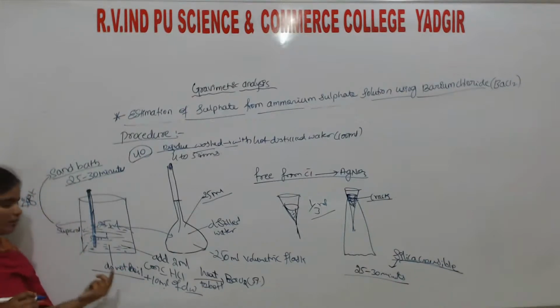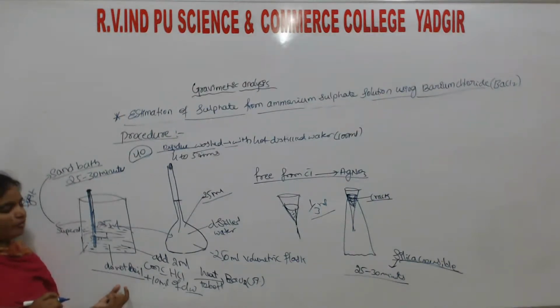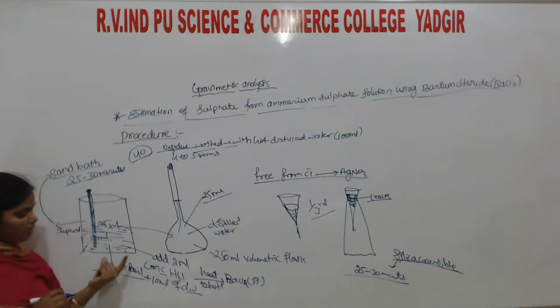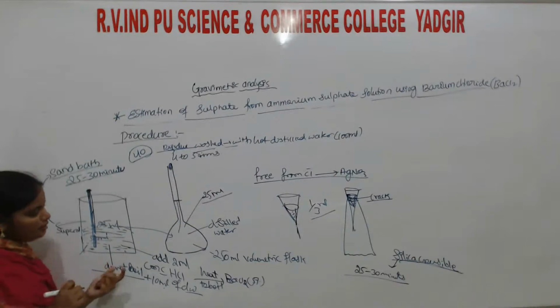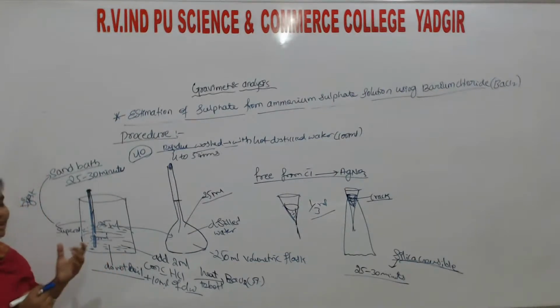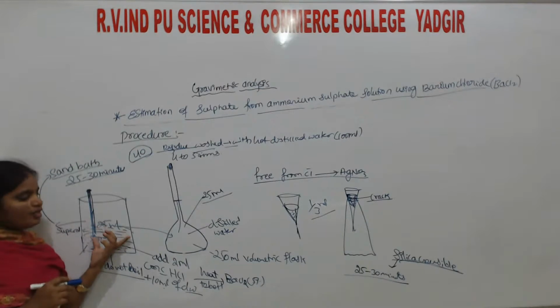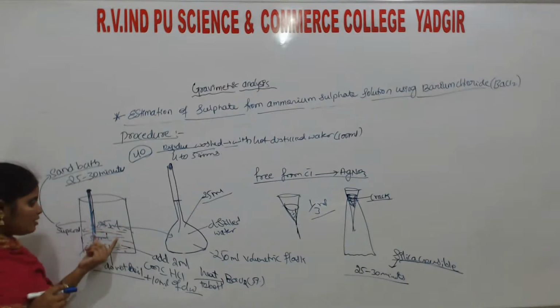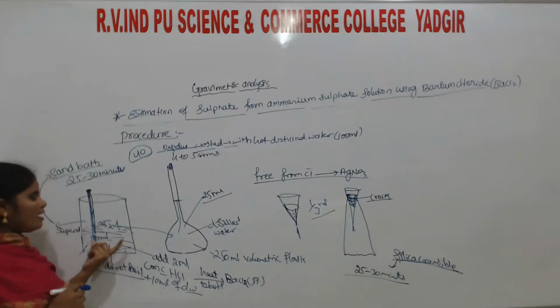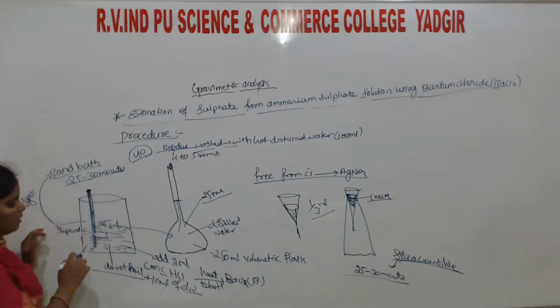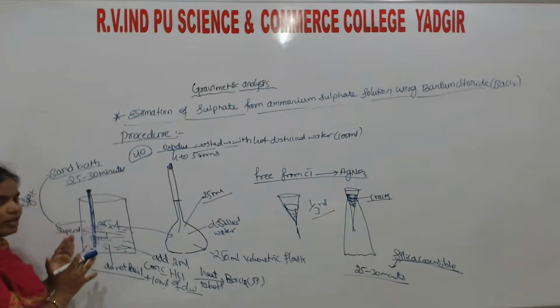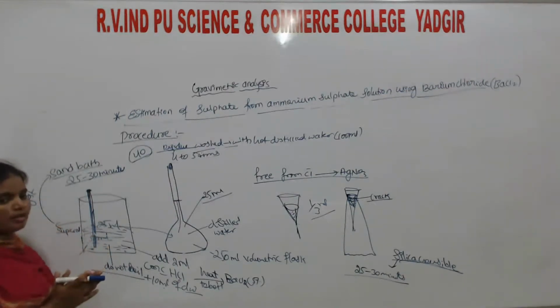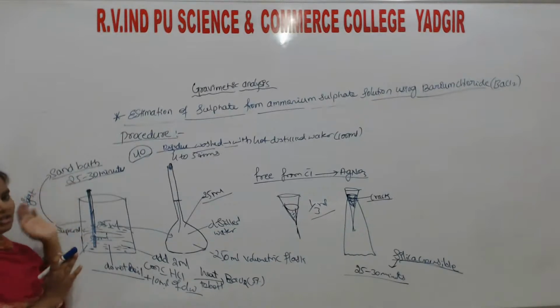You digest carefully on a very low flame, because regular crystals are formed here. Then you get a clear supernatant liquid, and your precipitate is clearly settled at the bottom of the beaker, and you get a clear supernatant liquid after digestion.